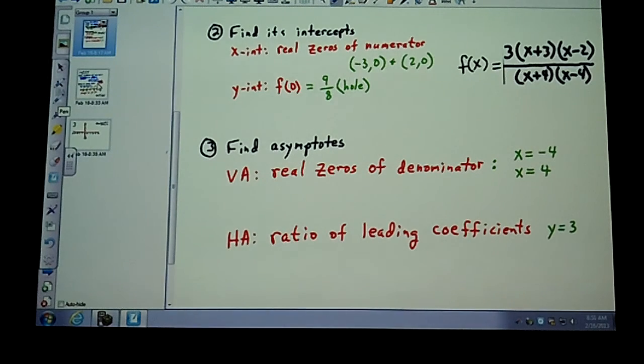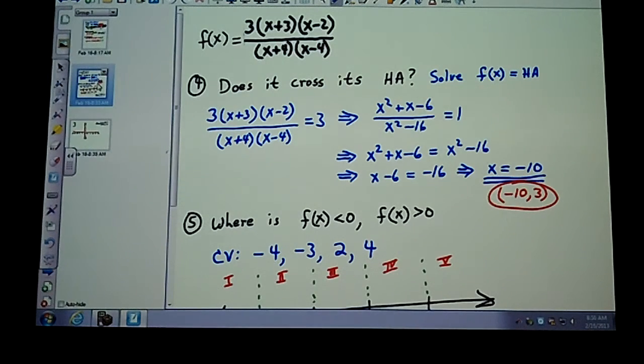Coming over to the next slide, we'll continue with this. As you probably know, a function cannot cross its vertical asymptote, but it can cross its horizontal asymptote. So for this particular function, I set the function equal to its horizontal asymptote to see if that could occur.